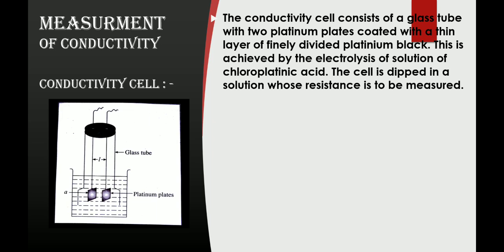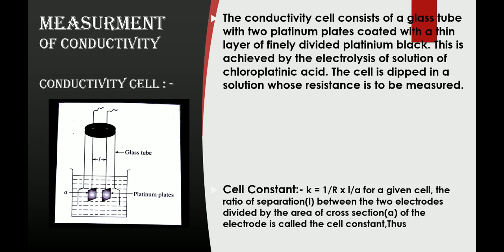This is achieved by electrolysis of the electroplating acid solution. The cell is dipped in a solution whose resistance is to be measured.